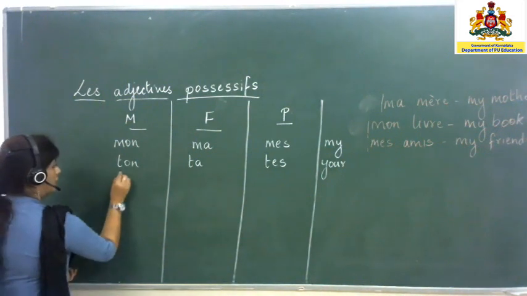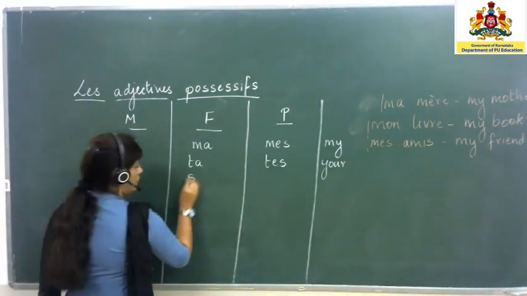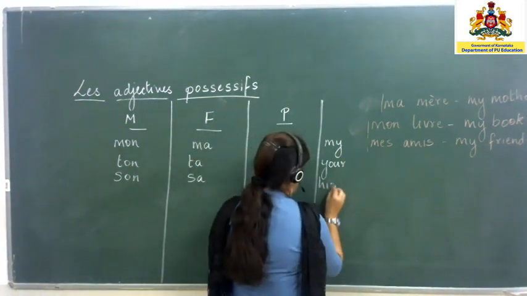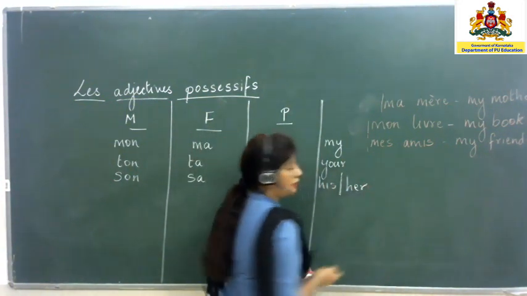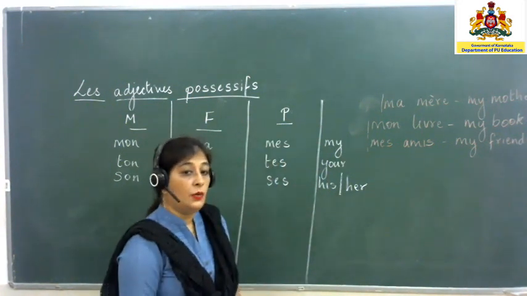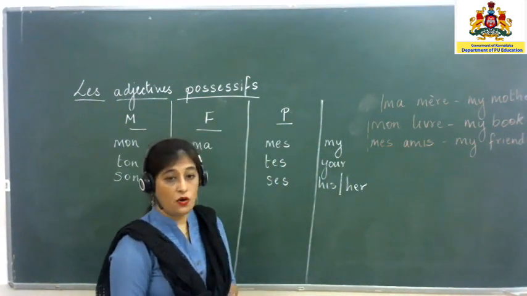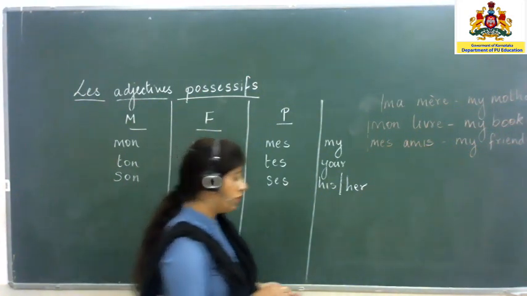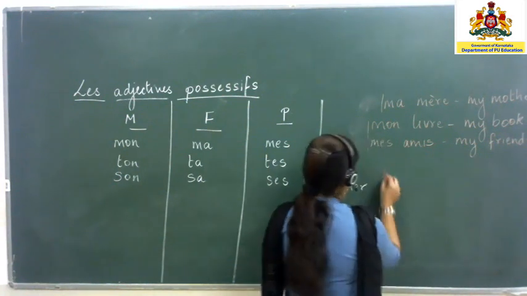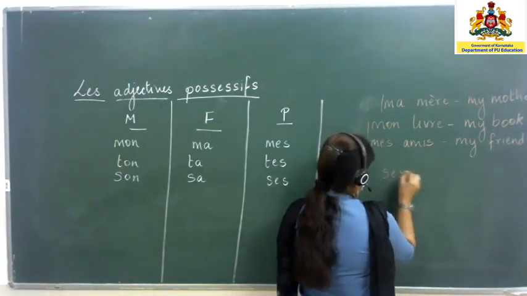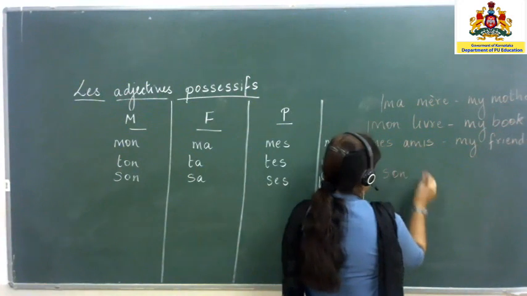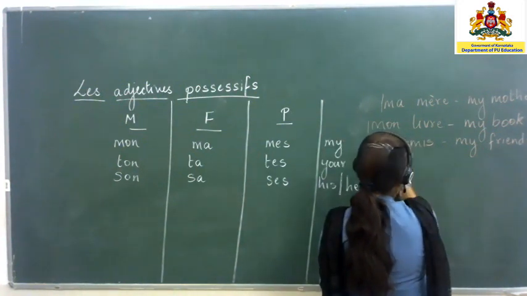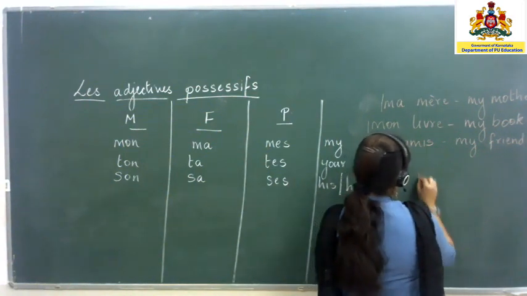Then you have son, sa, and ses, meaning his or her. Now you got to be careful with this one. Son can be translated as his or her. Sa can also be translated as his or her. Ses can also be translated as his or her. For example, I want to say his mother, her or his mother.